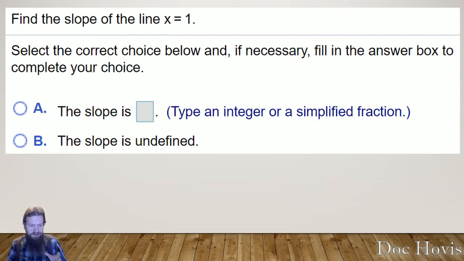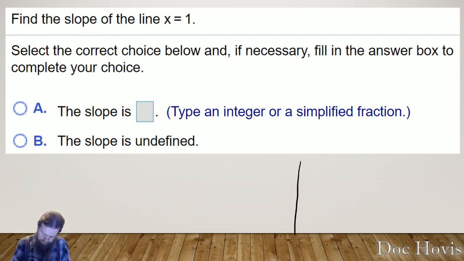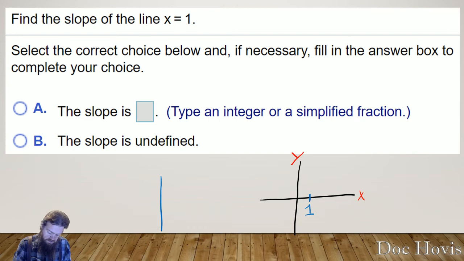Find the slope of x equals 1. Okay. I don't know. Let's graph. All right. This is my x-axis. This is my y-axis. X equals 1. Well, input-output table. X is 1.